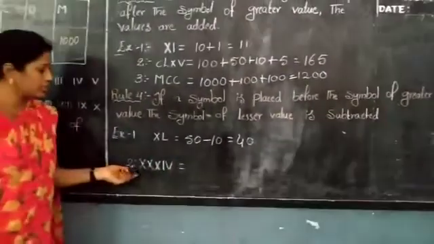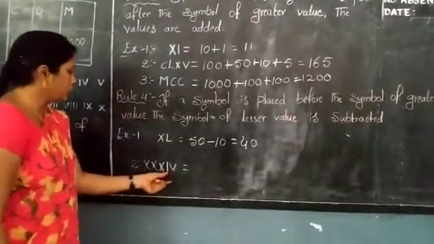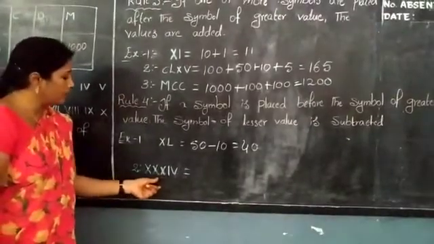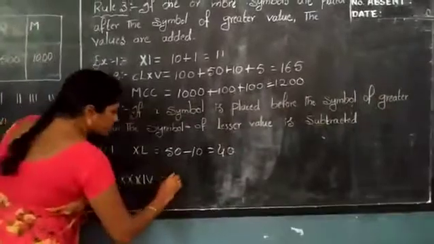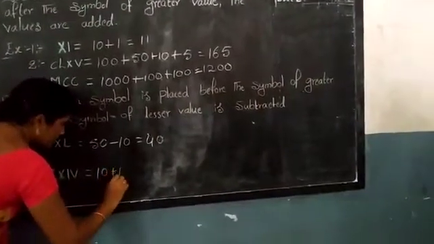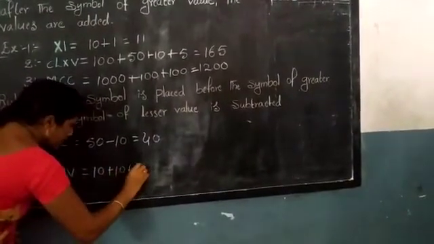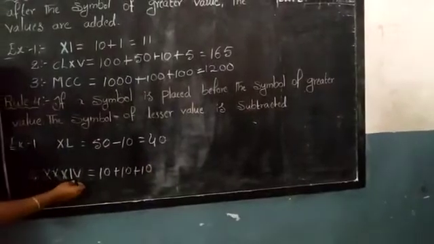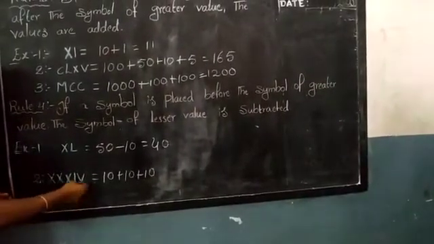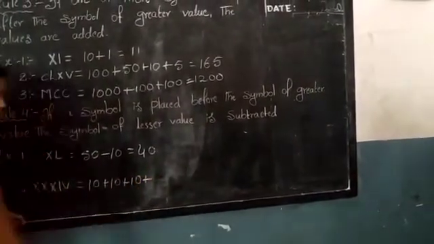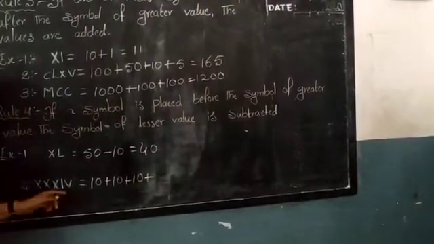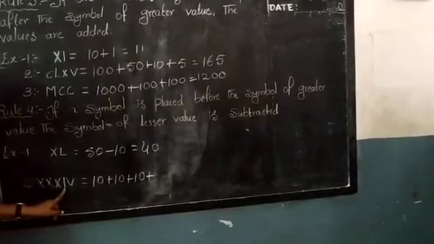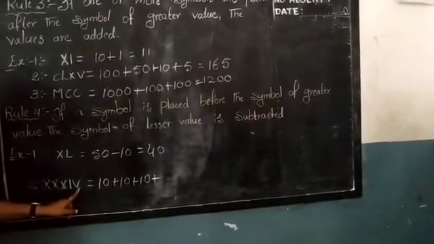And coming to the second example, which is the greater symbol here? X, right? So, write the X values: 10 plus 10. After the greater symbol, there is a symbol, right? So, we need to add. Okay, here look into this too. This is the lesser value and this is the greater value, right?